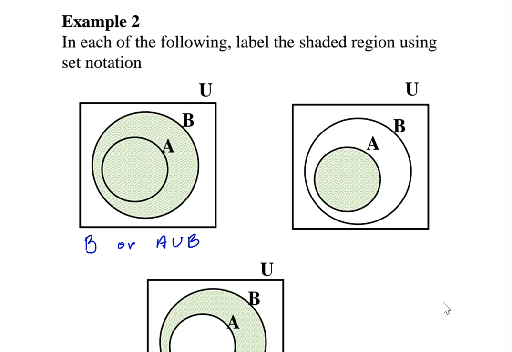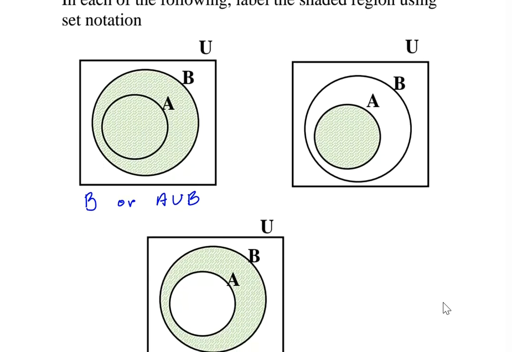All right, diagram to the right. Well, in the diagram to the right, what we have shaded is A. Simple.